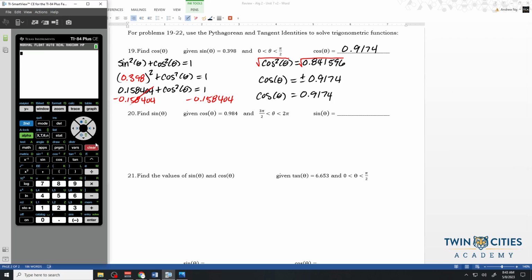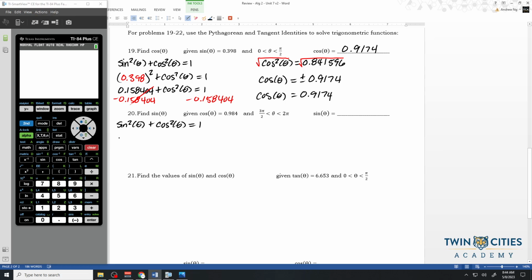All right, number 20. We're essentially going to follow the same steps here. Let's start with the Pythagorean identity. Sine squared of theta plus cosine squared of theta equals 1. This time we're given cosine instead of sine, but it's pretty much the same thing. We're just going to plug in here for cosine rather than for sine.